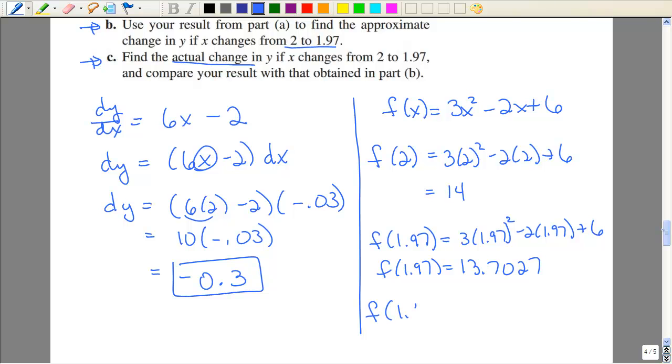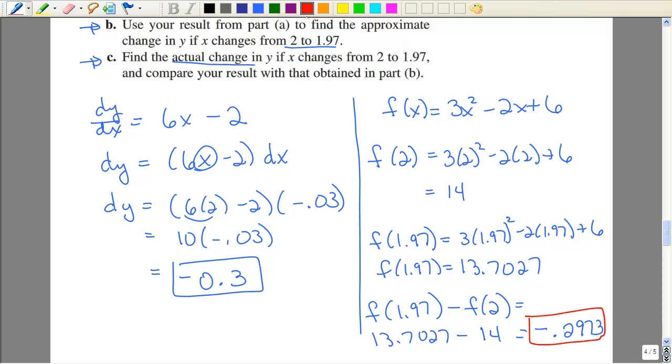And so if I take f of 1.97 and subtract f of 2, meaning I take 13.7027 and subtract 14, I get negative 0.2973.